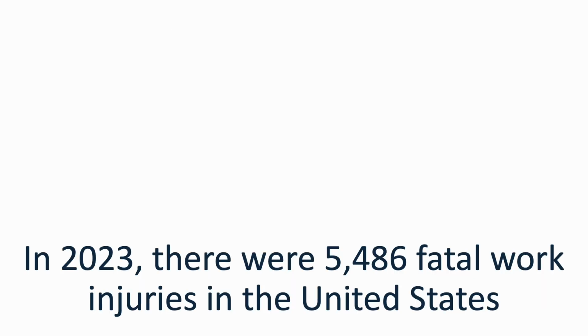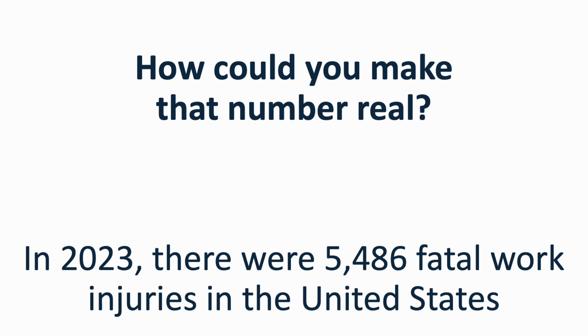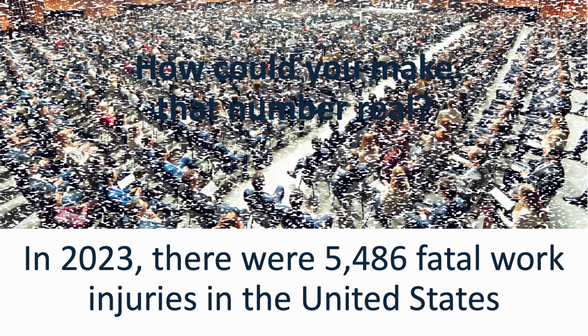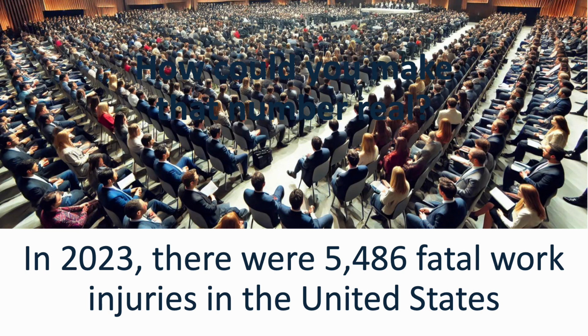So imagine this statement. In 2023, there were 5,486 fatal work injuries in the United States. Right, that's a lot of injuries, but how would you express that to make it more realistic so people could really understand the sheer size of that number of people? Right, this is an example of a conference.